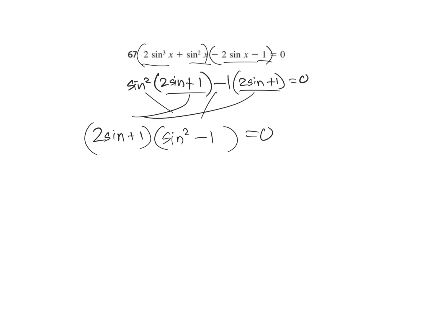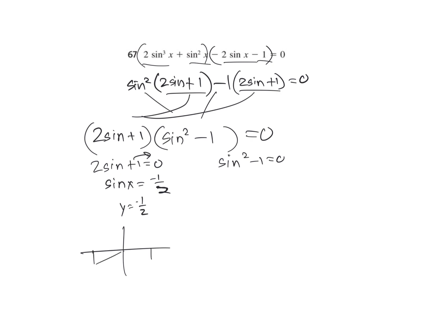Okay, and let's see here. So we set these each equal to 0. And we solve them individually. Okay, so subtract 1 and divide by 2. So now we have the sine of x equals negative 1/2. So where is y equal to negative 1/2? Negative 1/2 would be in those positions for y.